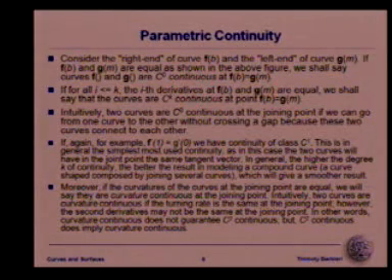Intuitively, two curves are C0 continuous at the joining point if we can go from one curve to the other without crossing a gap, because these two curves connect to each other. The first class continuity is the simplest and most used continuity. Usually, it's used for visual purposes, so you want to assure visual continuity.